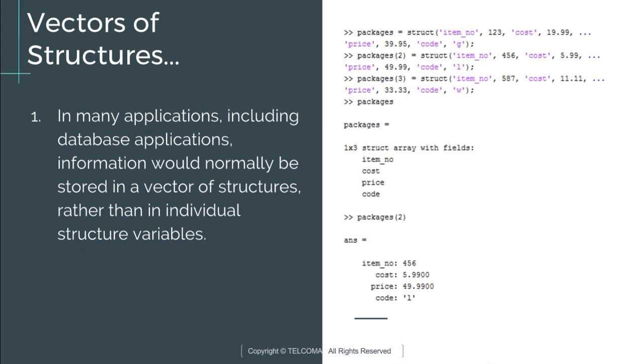Now, when I simply type packages in the command window, this gives the result as a 1 by 3 struct array with fields item number, cost, price and code.